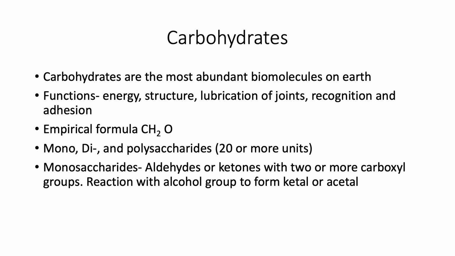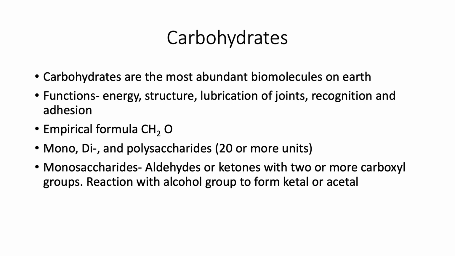Today we'll be discussing carbohydrates, polysaccharides, and reviewing the nomenclature and basic chemistry, and laying out an introductory talk on this subject. So carbohydrates are the most abundant biomolecules on Earth. They are probably the closest intersect between biochemistry and organic chemistry.